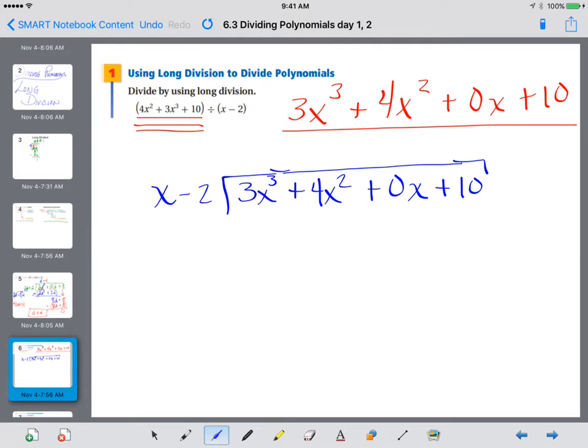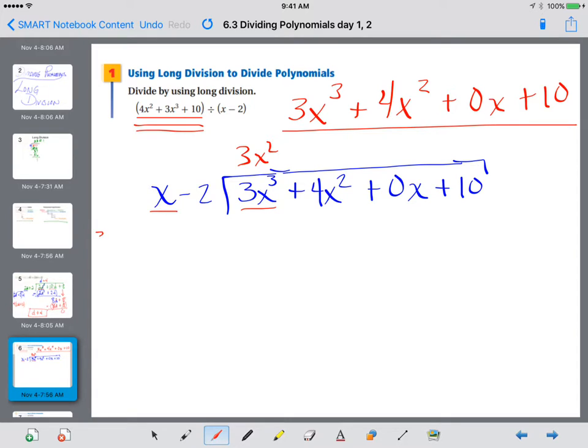Now our goal is to take the two front terms. Here's 3x to the third and x. What could I multiply x by to get 3x to the third? Well, I know I'd have to multiply it by 3. And then x times what gets me x to the third? Well, x to the second.